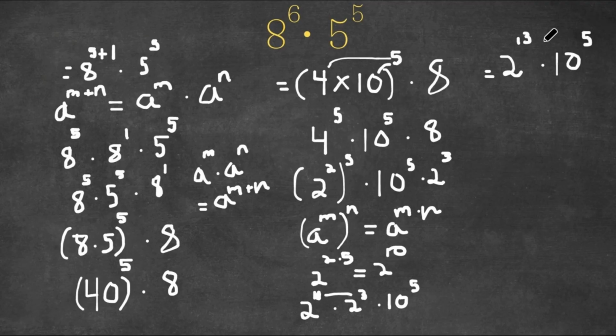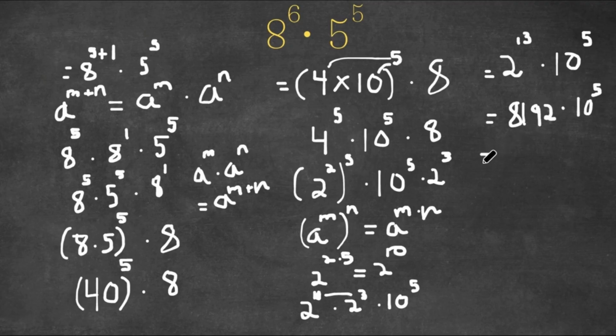Now, 2 to the power of 13 is equal to 8,192. And we are still multiplying that with 10 to the power of 5. If we're multiplying this with 10 to the power of 5, that means we would be adding 5 zeros to this number.